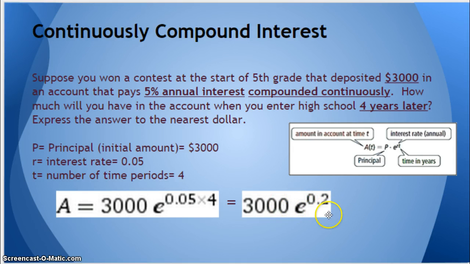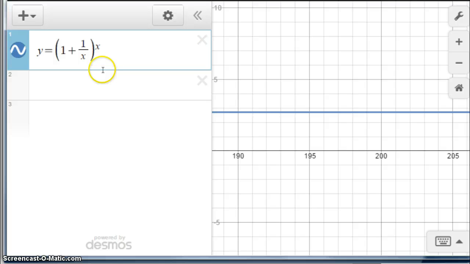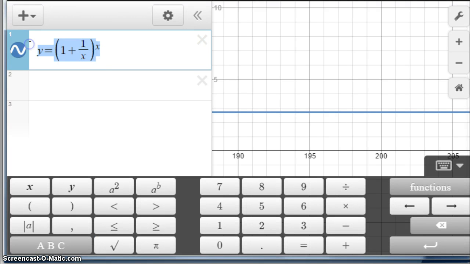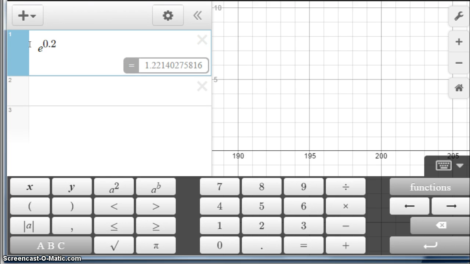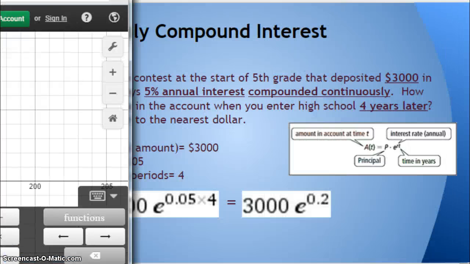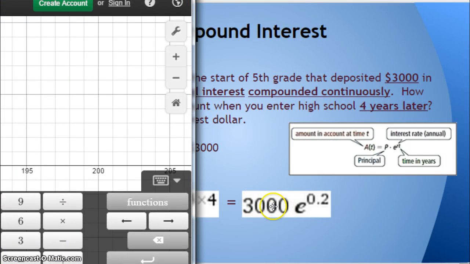Now to get the value of this number, we need a calculator, because we don't really know the exact value of e. If you use the calculator, I'm going to plug in the number here. e to the 0.2 is about this number. So we have to find e to the 0.2 times 3000.